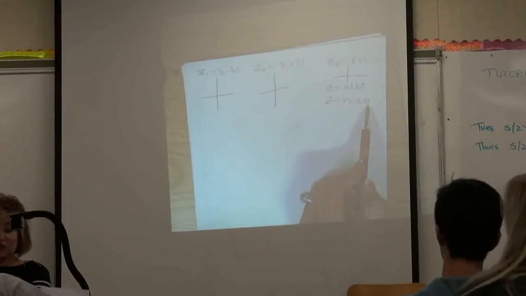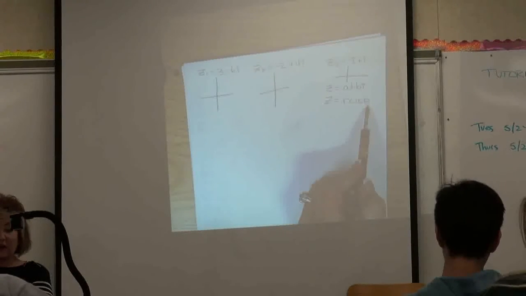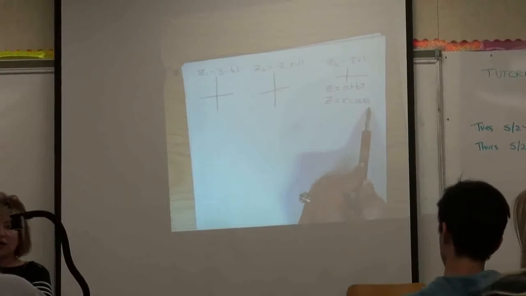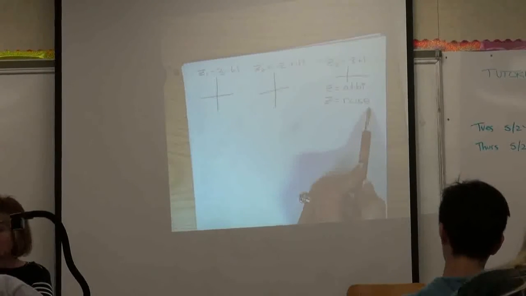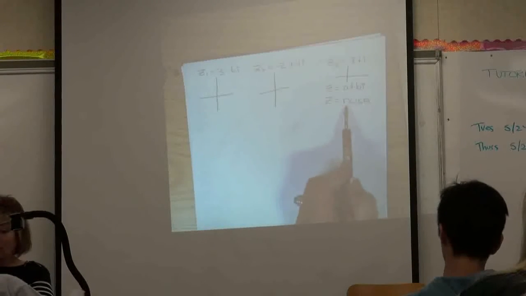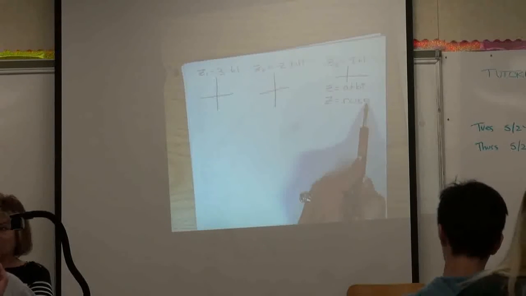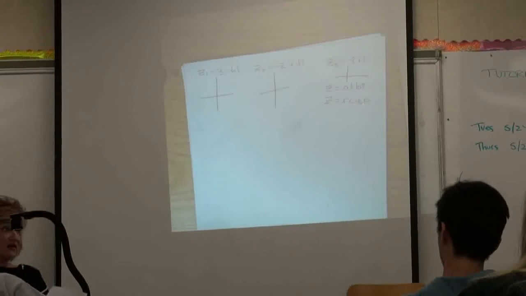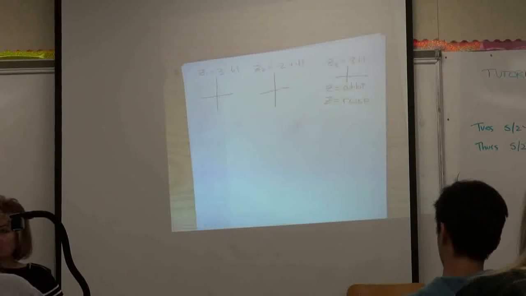Theta, which was the direction on a vector, is the what on the polar number? You have moduli and arguments. Good. You'll get your modulus right no matter what, but your argument might not be in the right quadrant. So it's always in your best interest to graph them so that you get them in the right quadrant.